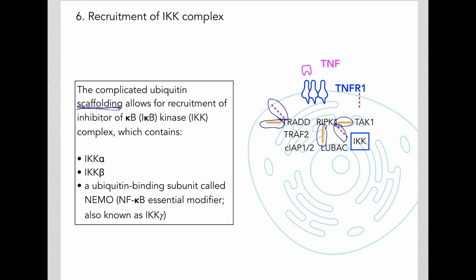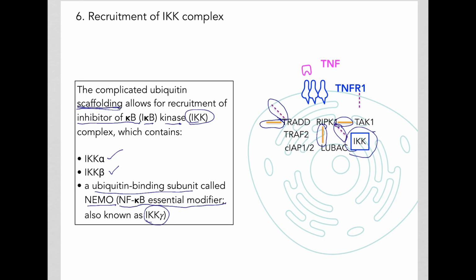And one of the proteins that is recruited is this IKK complex. That stands for inhibitor of kappa B kinase, so IKK complex. And this IKK complex contains IKK alpha, IKK beta, as well as a ubiquitin binding subunit that is called NEMO. NEMO stands for NF kappa B essential modifier, also known as IKK gamma.